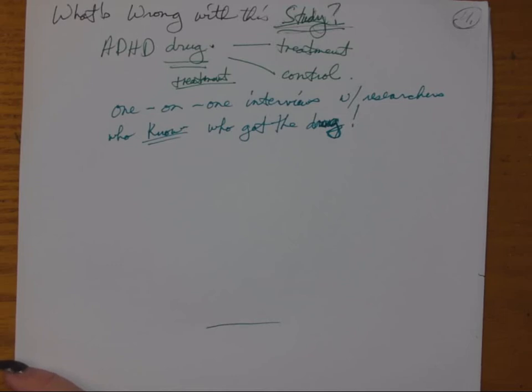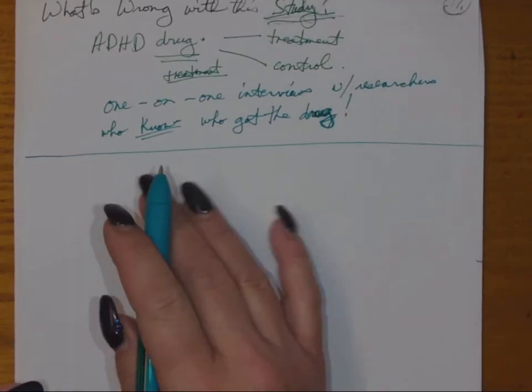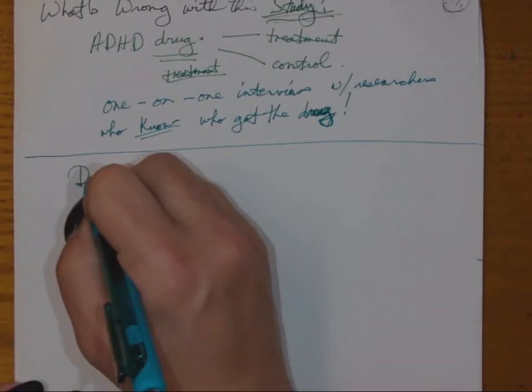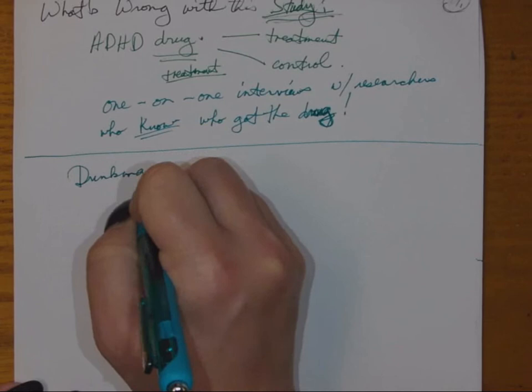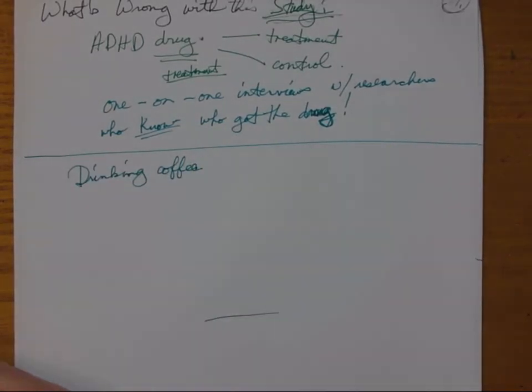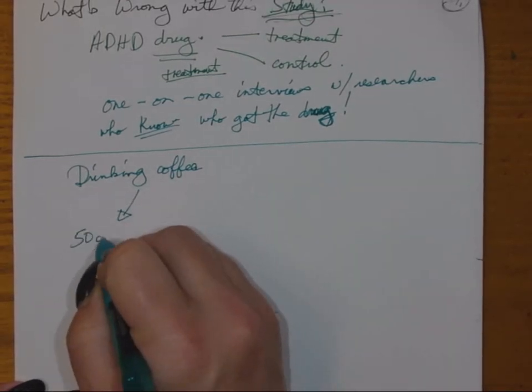Okay, here we go. Researchers, here's another one. We'll just do one more and then we'll be done. Researchers wonder whether drinking coffee before an exam improves performance. 50 coffee drinkers are told not to drink coffee in the 4 hours before an exam. Uh-oh. 50 coffee drinkers.